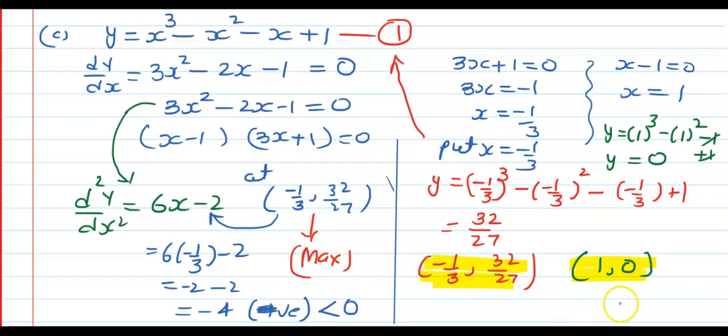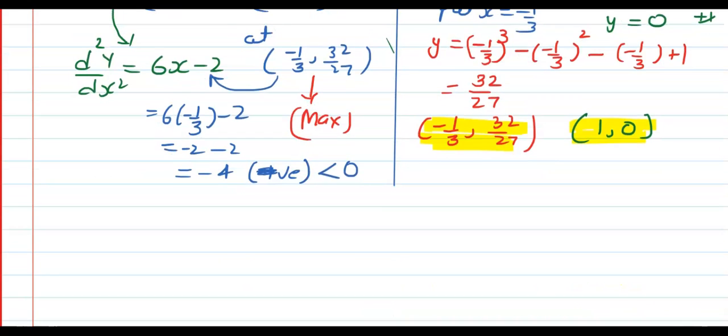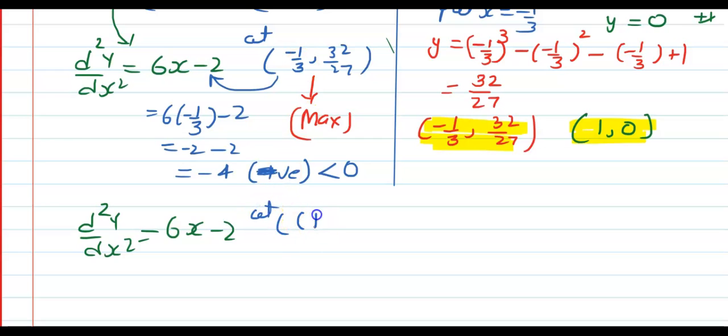So it means this point will be a maximum point. Now we need to check at 1 and 0, right? So our d2y over dx2 was 6x minus 2, and we are checking at 1 and 0.